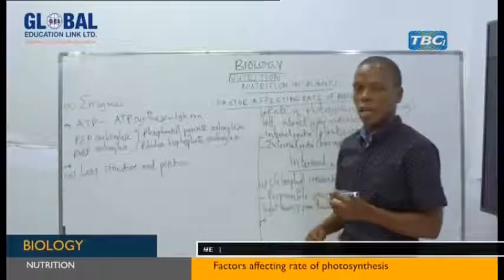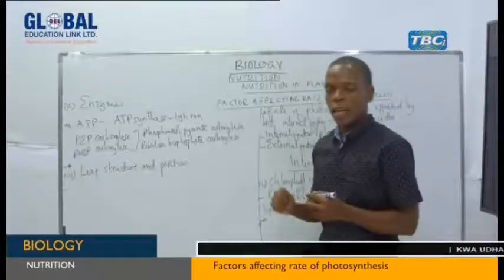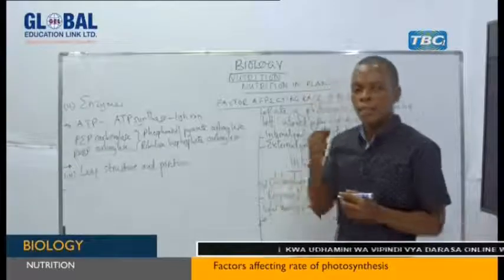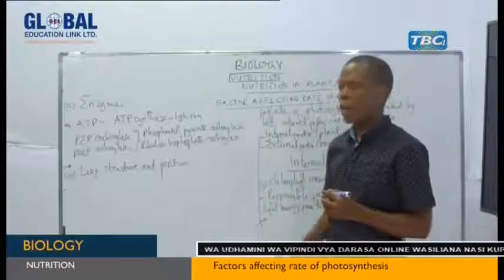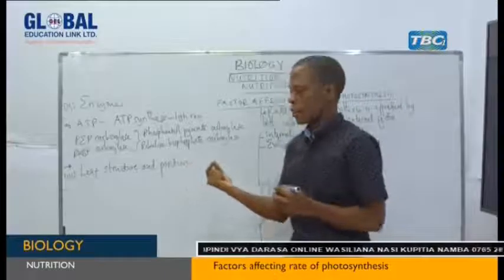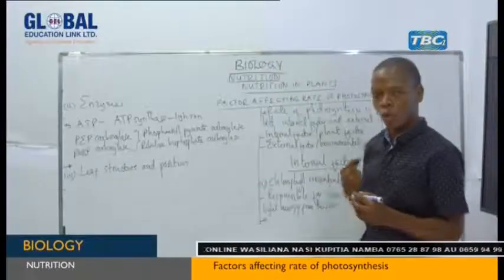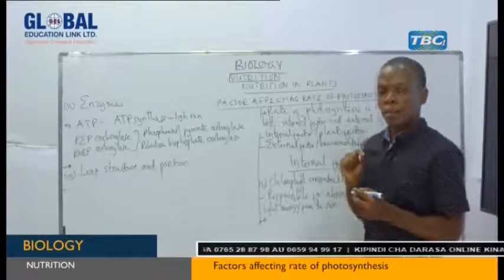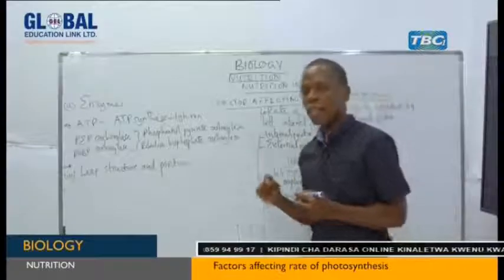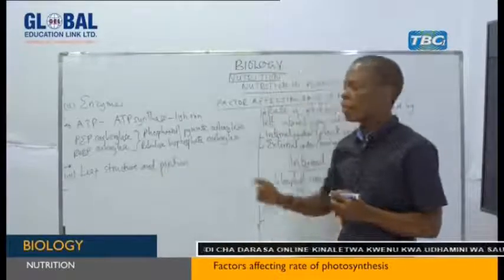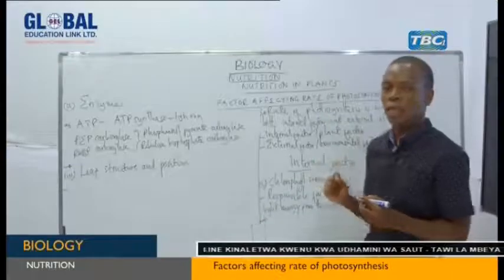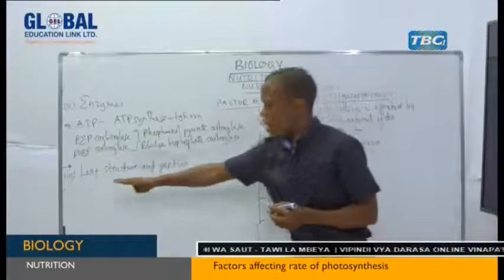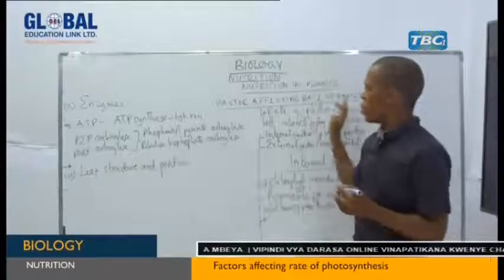In leaf structure, the thin leaves absorb more light than the thick leaves. Therefore, we expect the thin leaves will have a high rate of absorption of carbon dioxide compared to the thick leaves. Penetration of light in the thin leaves is also greater than in the thick leaves. Therefore, the leaf structure has an effect on the rate of photosynthesis.